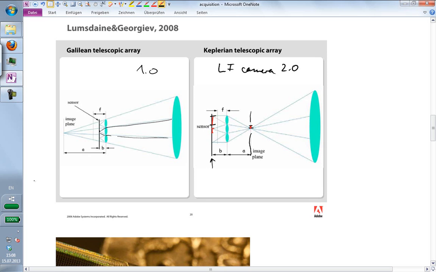And so there's a continuum of possible architectures. This 1.0 architecture is one extreme. The other extreme would be to move these micro lenses ever closer to the center and have no micro lenses at all, just a conventional camera. And in between, there are all these possibilities with different trade-offs of spatial versus angular resolution that they permit.